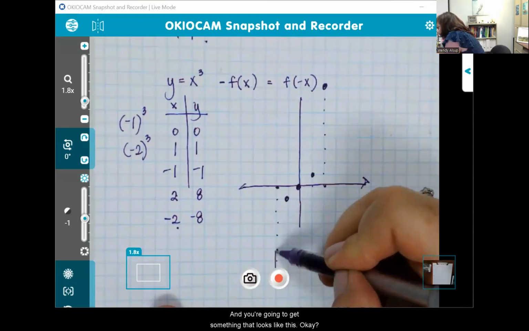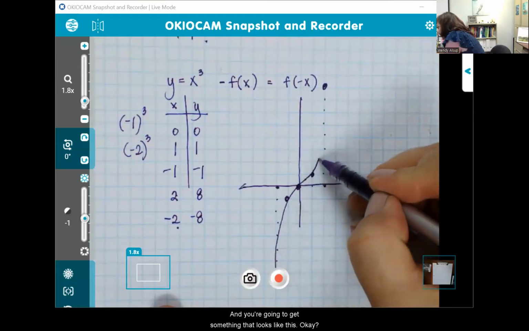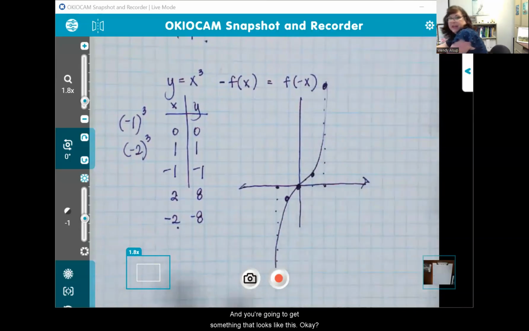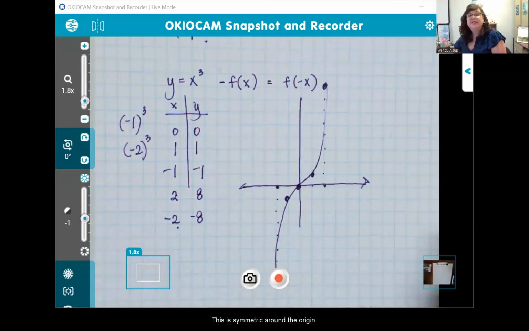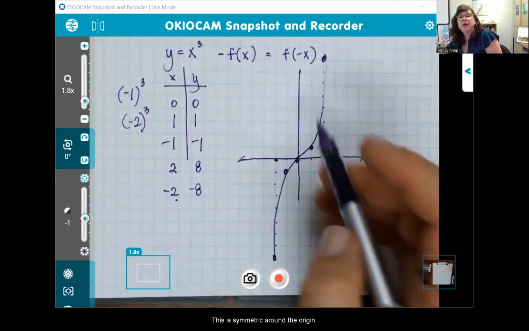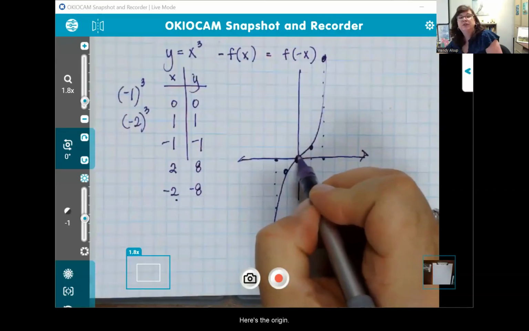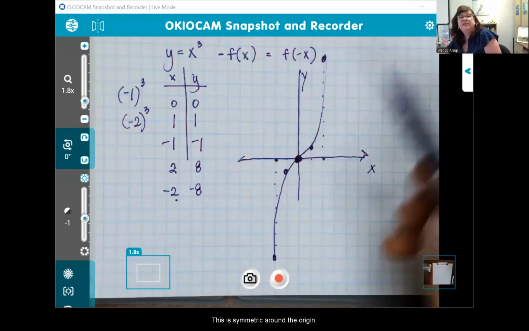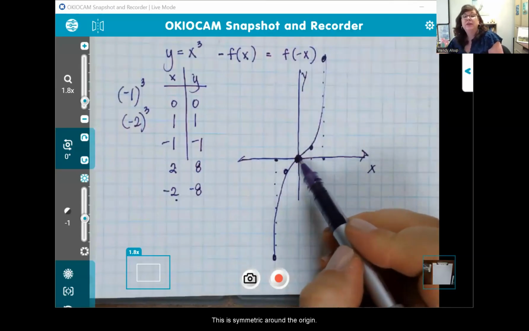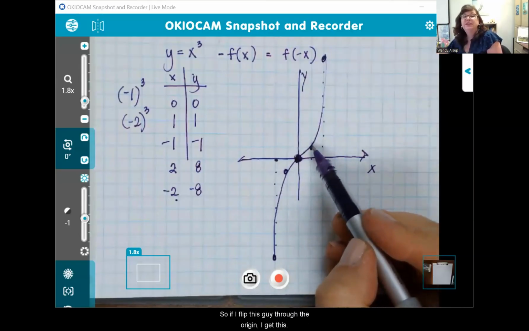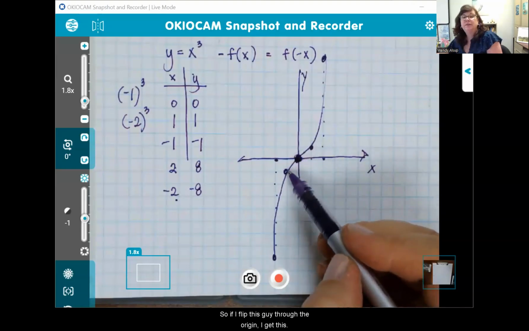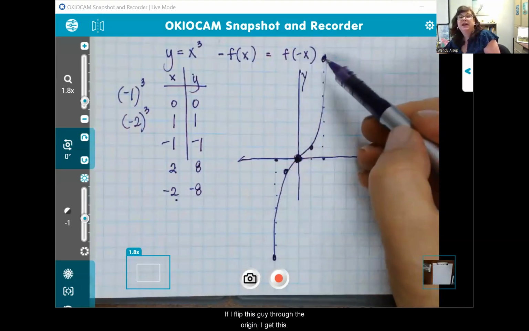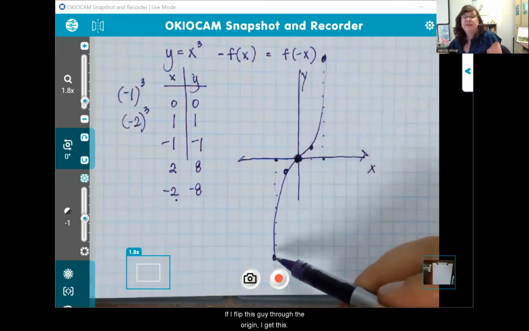And you're going to get something that looks like this. This is symmetric around the origin. Here's the origin where the x and y axes intersect. If I flip this piece through the origin, I get this, and if I flip this piece through the origin, I get this.